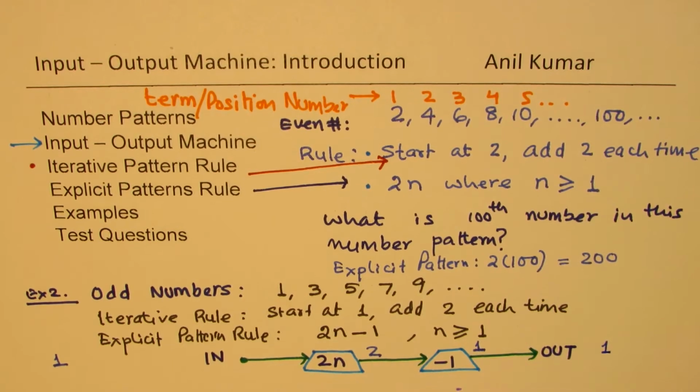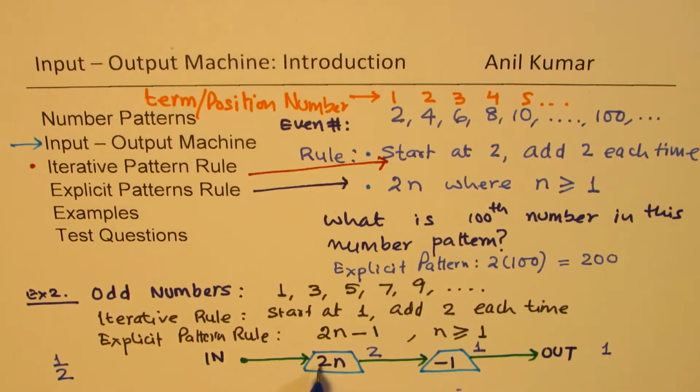Do you see that? Perfect. Now, if I feed in 2, then 2 twice is 4 and 1 less than 4 is 3, and therefore the output is 3. You get an idea. So we get 1 and 3. You can continue feeding more numbers and then you will see how this pattern is repeated.